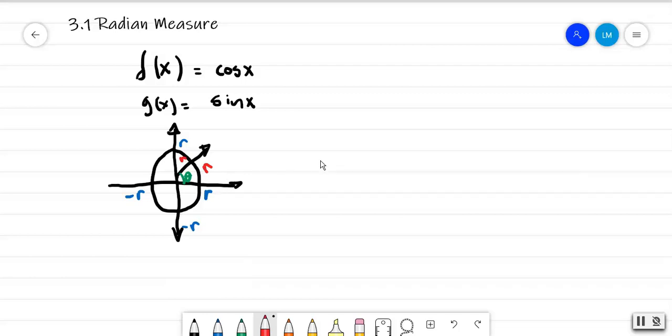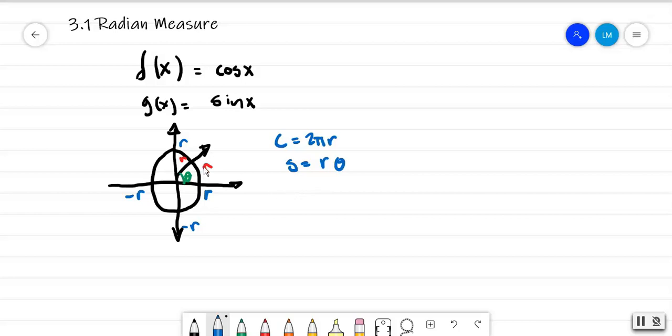Now, that's actually how we end up getting a radian measure. We know, for example, that the circumference of a circle is 2 pi r. That's more or less the same idea: if you want to measure the arc, it's usually just r times theta.